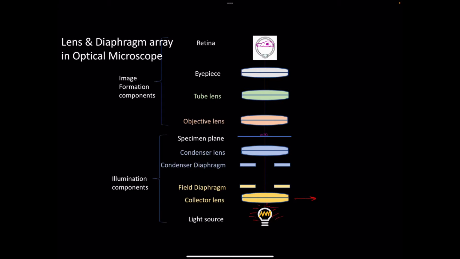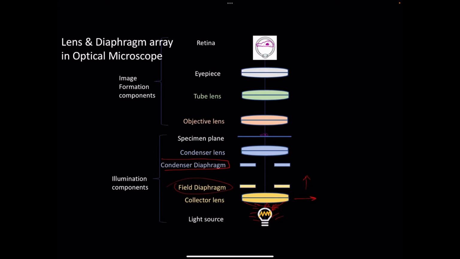However, the collector lens's job is to collect the light and give it to the condenser lens further on. After this collector lens, there is a field diaphragm. This field diaphragm is a diaphragm like the one we saw before, which will determine the amount of light that can pass from the collector lens to another diaphragm placed here, which is referred to as the condenser diaphragm.